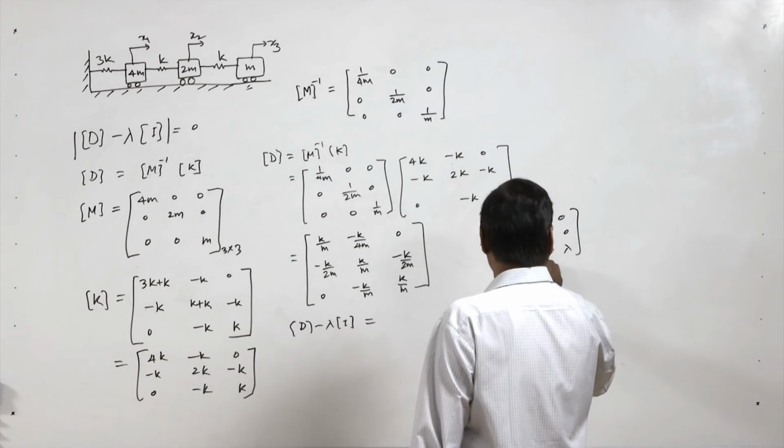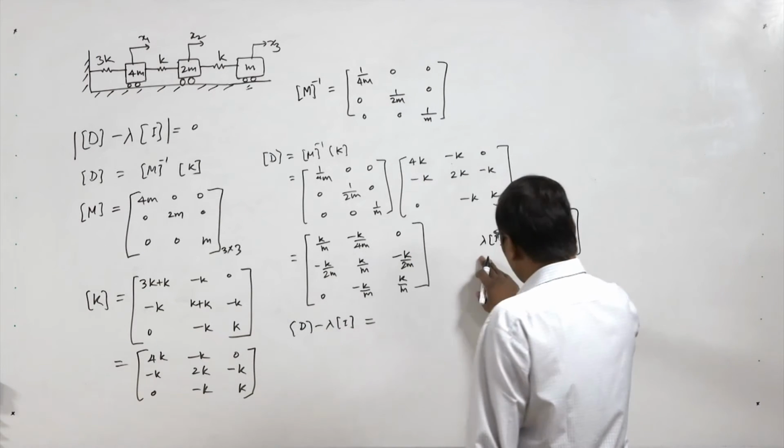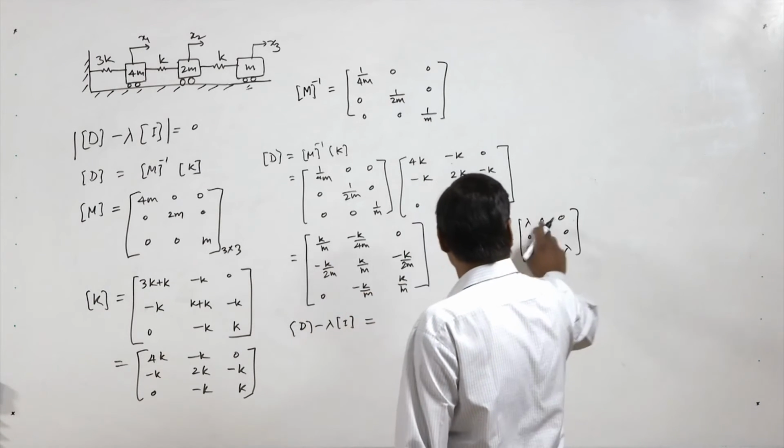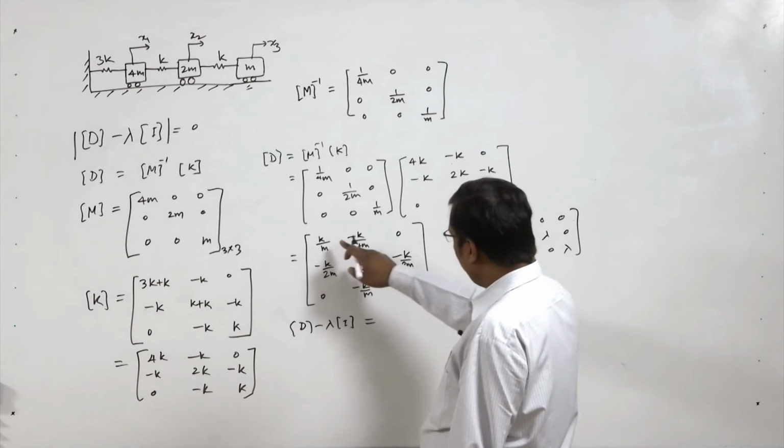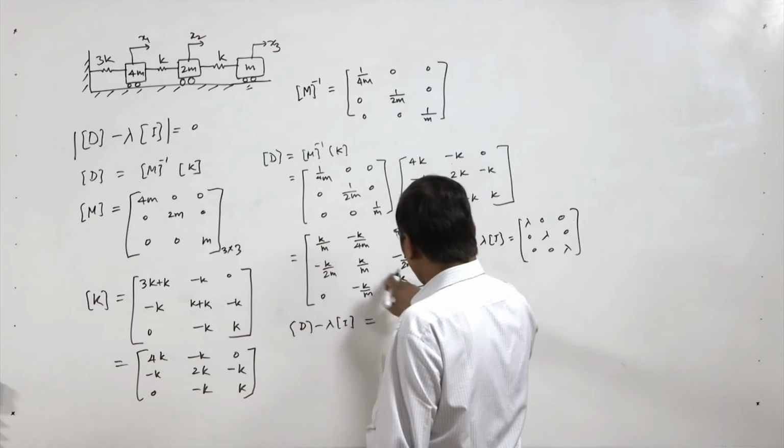So if we do D minus lambda I, the other terms are 0, only the diagonal terms are non-zero, so lambda will be subtracted at the diagonal terms.